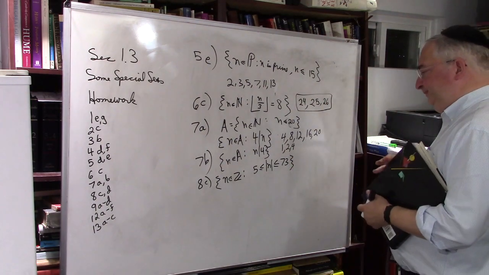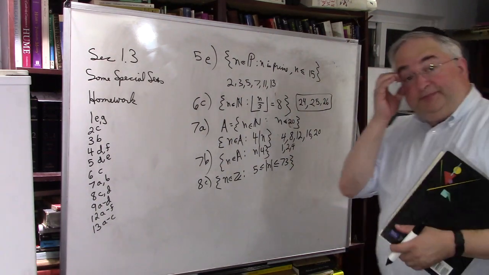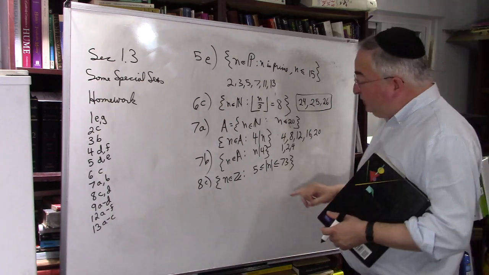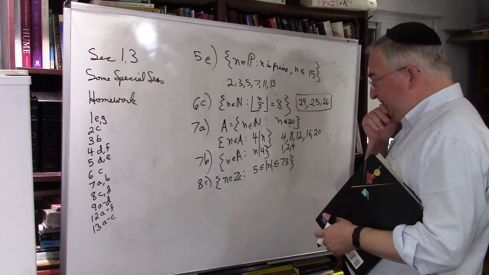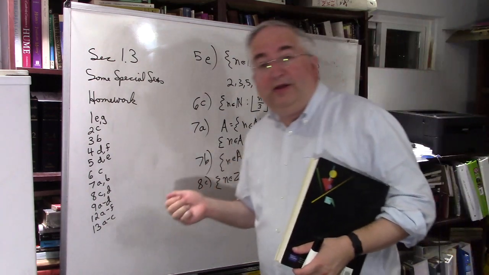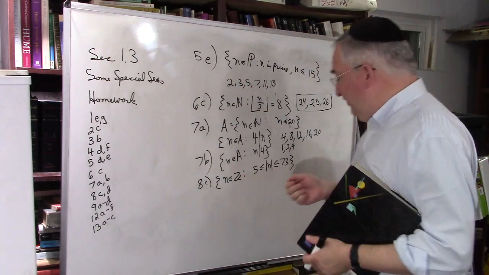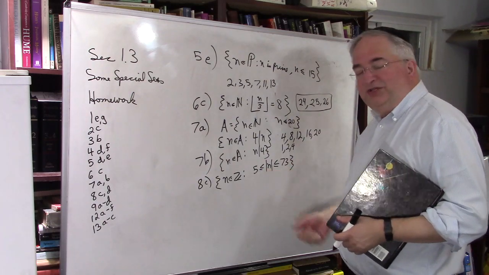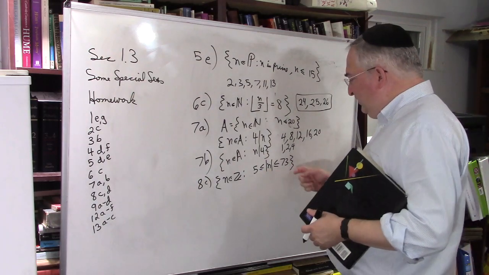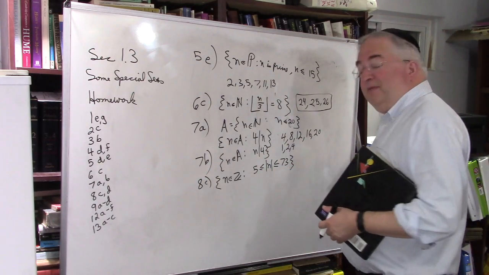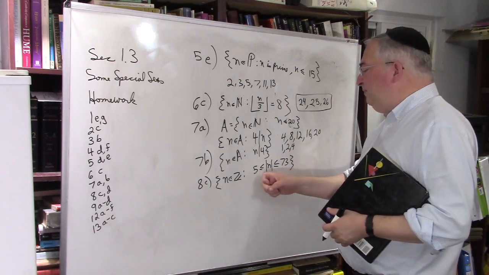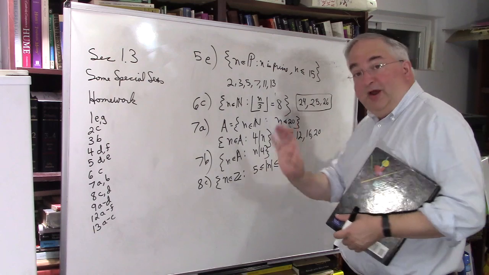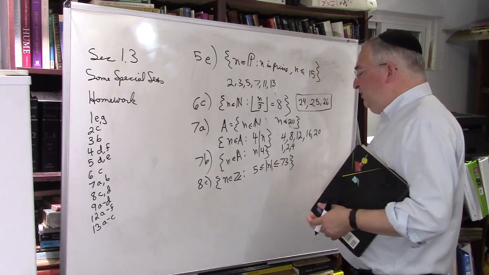Okay? So, how do we do this? The idea is as follows. How many elements are from 5 to 73? The simple answer is 73 minus 5, but there's one more. 73 minus 5 will be all the numbers from 5, not including 5, till 73.